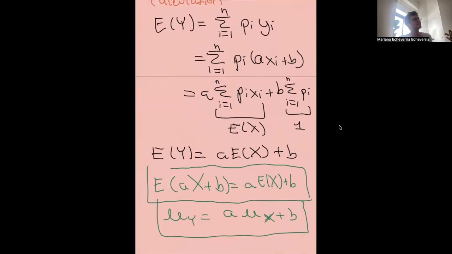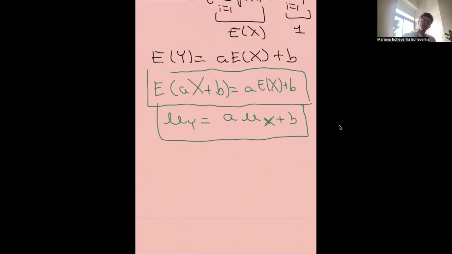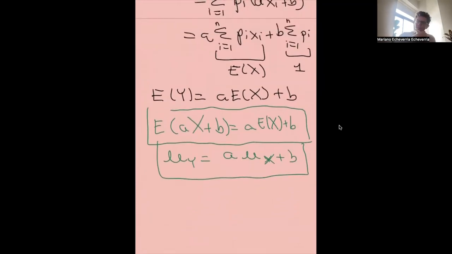This is a very basic version of what we will see later: the expected value is linear, in the same sense in which the derivative or the integral were linear, if you remember that from calculus, where you can just split it into a sum. It's the same linearity that you would see in calculus or linear algebra, if you have taken linear algebra as well. Before going on, are there any questions up to this point?